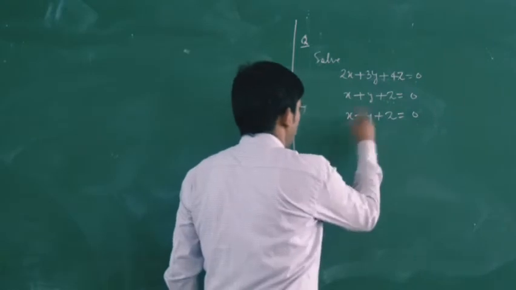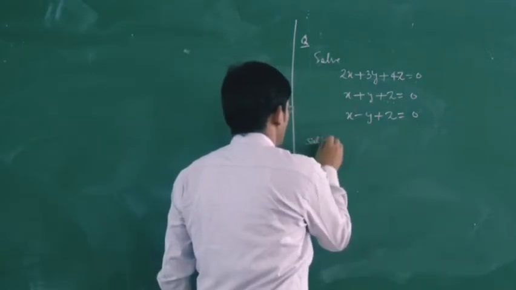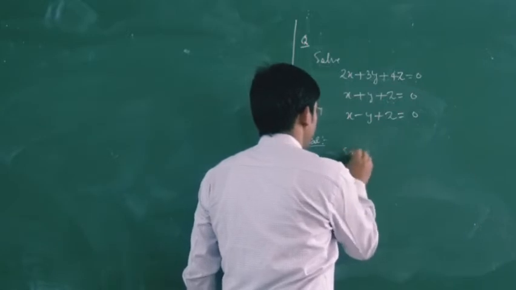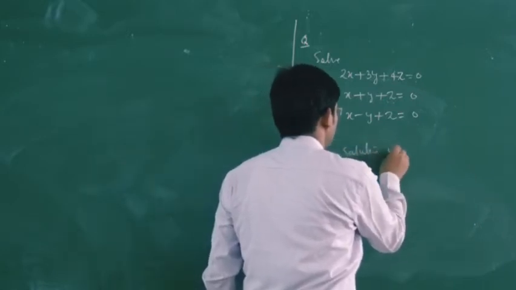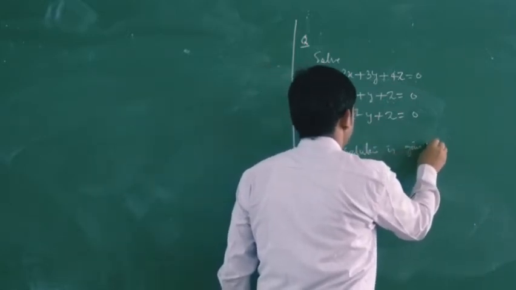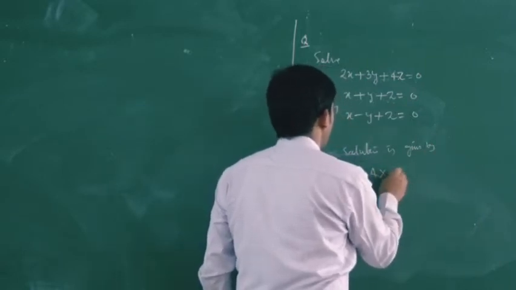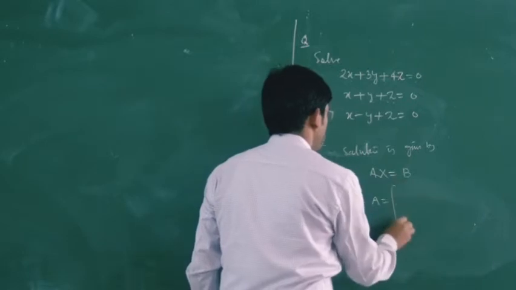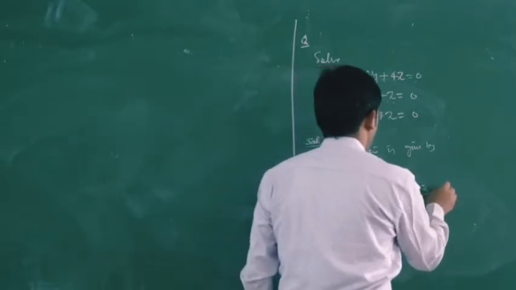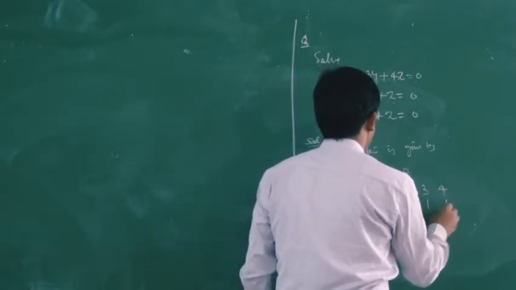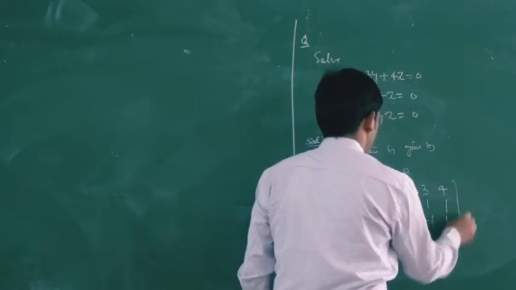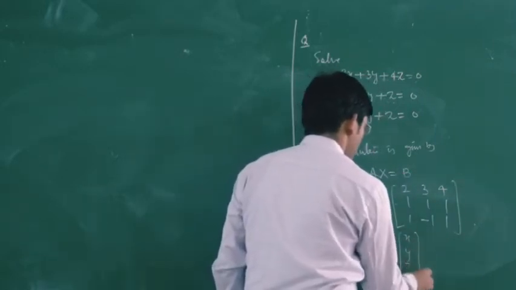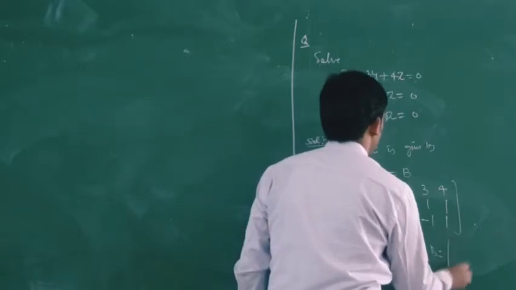So solution: the solution is given by Ax equal to b, where A is [2, 3, 4; 1, 1, 1; 1, -1, 1], x is [x, y, z], and the right hand side b is [0, 0, 0].